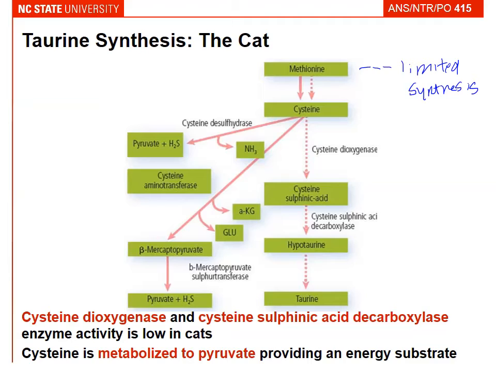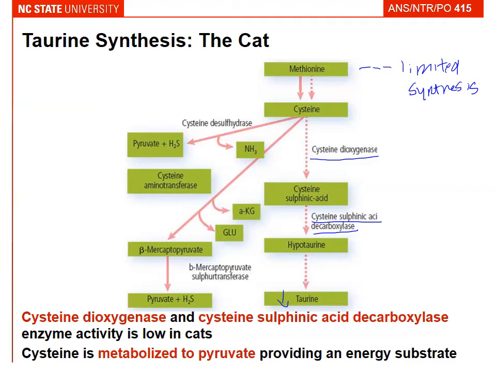Although our cats have these two key enzymes, be able to tell me these two enzymes, cysteine deoxygenase and cysteine sulfonic acid decarboxylase, they have them, but they're just not very active. So they have really low enzyme activity. Therefore that results in very little taurine synthesis.